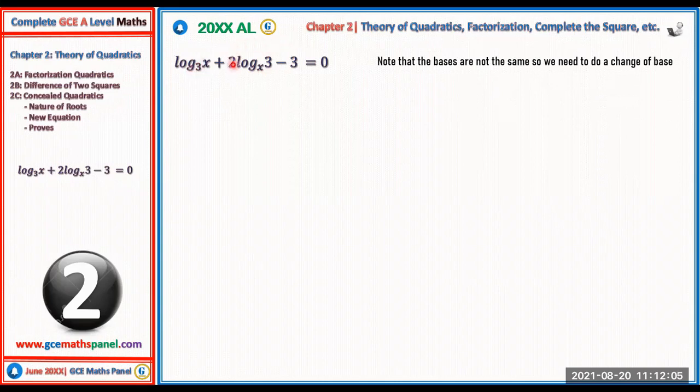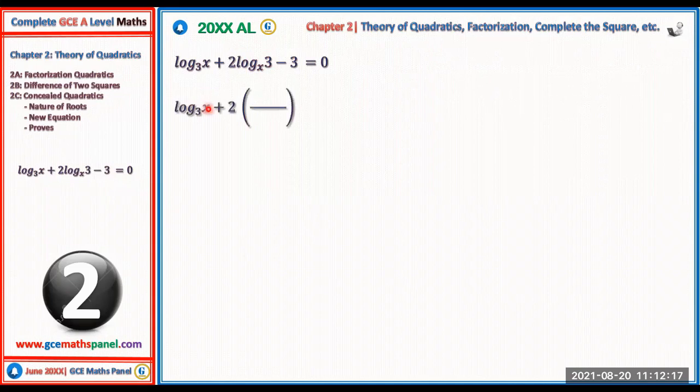So we will be doing the change of base at this expression, log 3 base x. With the change of base, we will have log x base 3 plus 2 log, now see how we have changed the base here. To change the base, the numerator will be this 3, and the denominator will be this x.